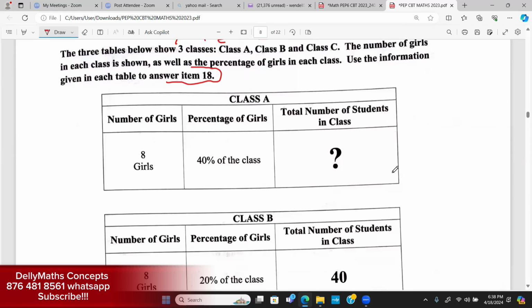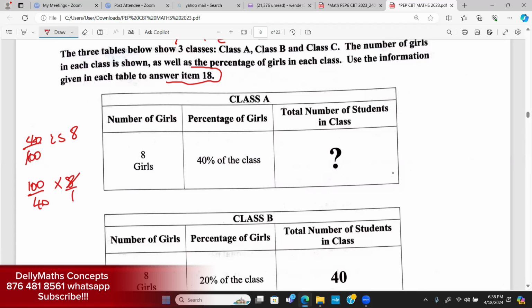Class A: number of girls, 8; percentage of girls, 40%. I still can use this skill to know the total because 40% means 40 over 100. 40% is 8. If I want to know the original amount, reciprocate this, you're going to get 100 over 40. If you multiply this by 8, it's going to take you back to the full thing.